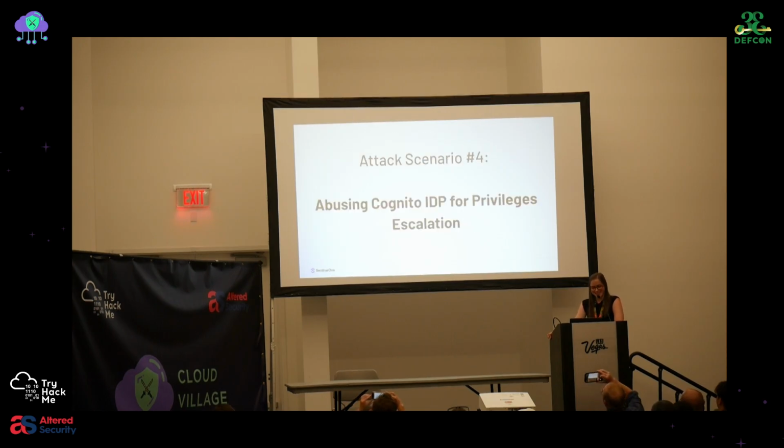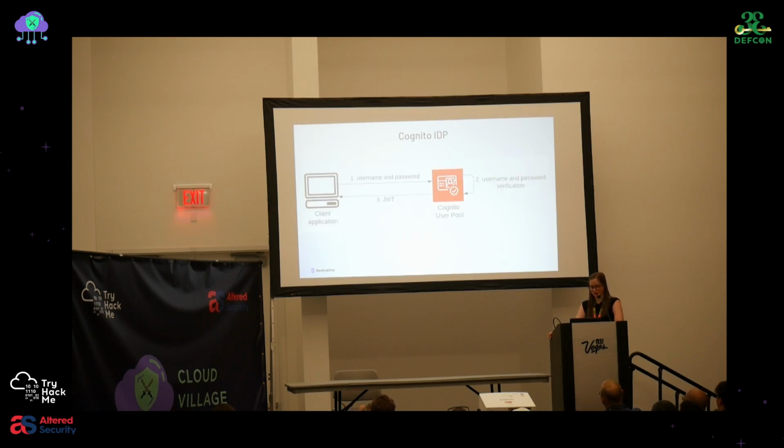Last but not least, we have the last attack scenario, abusing Cognito IDP for privilege escalation. So Cognito IDP is a cloud service that manages user accounts, logins, and authentications for your apps. It's separate from your AWS IAM users. These are basically application users, not AWS users, but you can assign them IAM roles to control what AWS resources they can access once they log in.